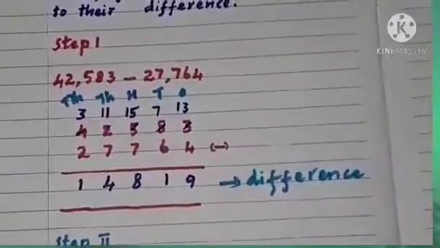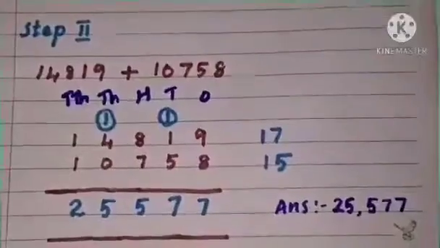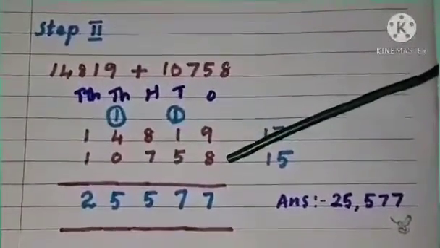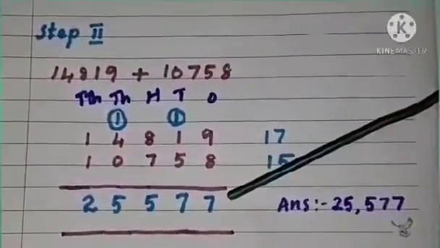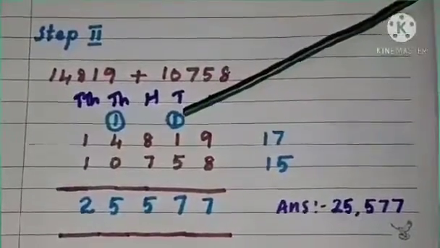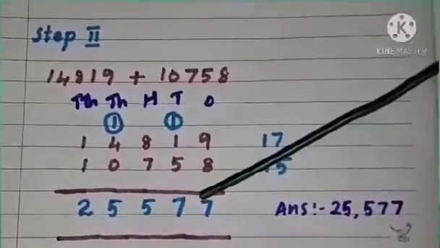So, we have to add now. We have to start from ones place. 9 plus 8, 17. Put 7 in the ones place. Carry 1 to the tens place. 1 plus 1, 2. 2 plus 5, 7.